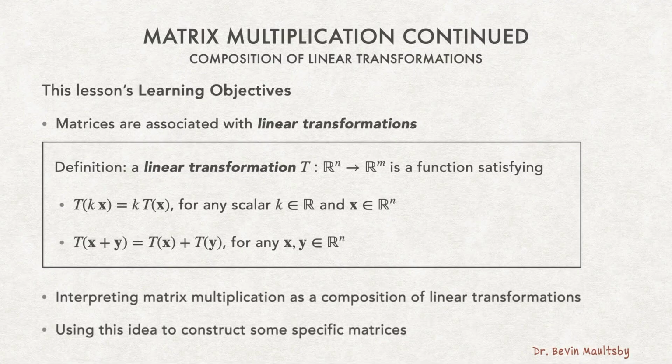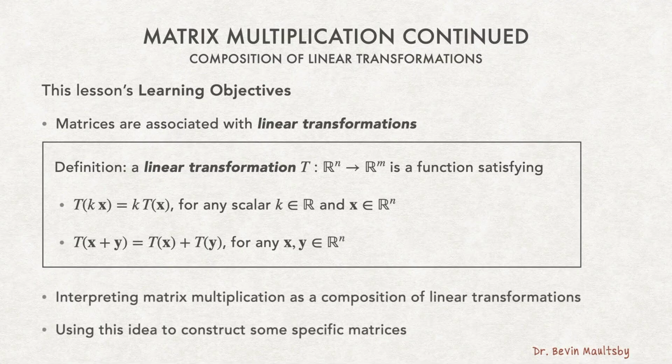Before I go into a global classification of every possible linear transformation, let's focus on the functions which are most familiar to us. Let n and m both be 1, so that we're looking at functions from R to R, in other words, functions of the form y equals f of x. Take a moment to take a few functions from R to R and check if they are linear transformations.